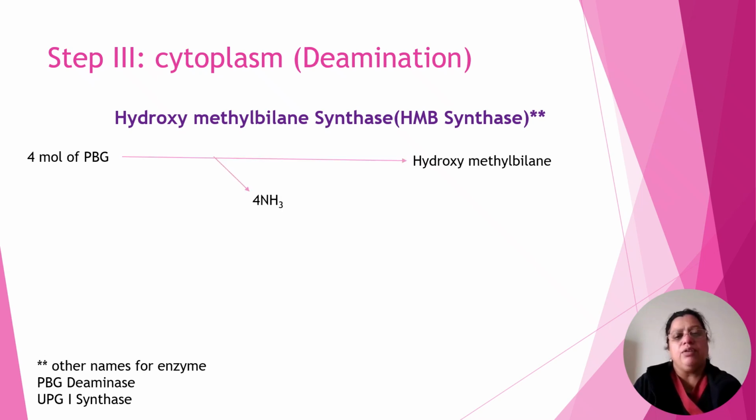So they combine to form the first linear tetrapyrrole. Remember, it's a linear tetrapyrrole and it is very unstable. So the first linear tetrapyrrole that is formed is known as hydroxymethylbilane, and this is the structure of the linear tetrapyrrole. So this is the step 3 of the deamination reaction.